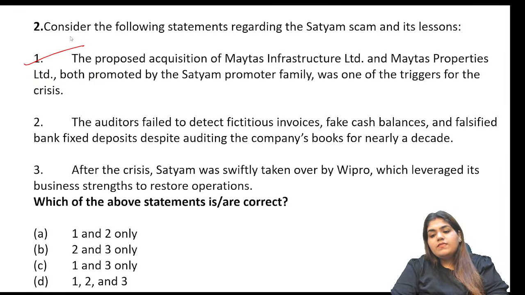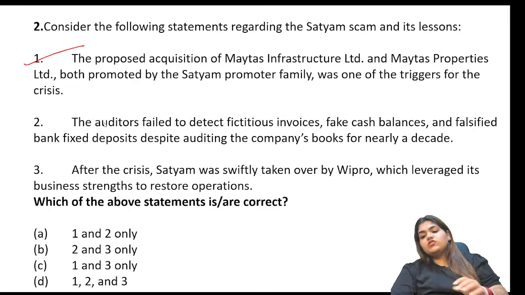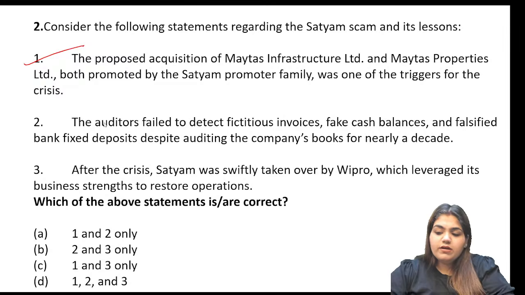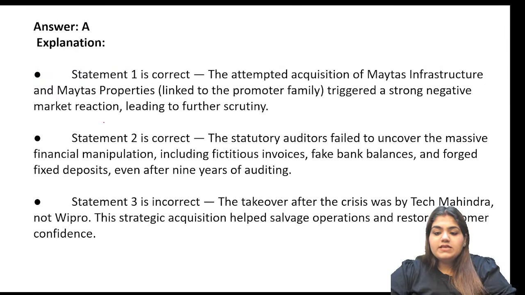Statement number 2: the statutory auditors failed to uncover the massive financial manipulation, including fictitious invoices, bank balances, and forged fixed deposits, even after 9 years of auditing. Statement number 2 is correct. Statement number 3 is not correct. After the crisis, Satyam was swiftly taken over by Wipro, which leveraged its business strength and restored operations. The takeover was by Tech Mahindra, not Wipro. A is the correct answer.